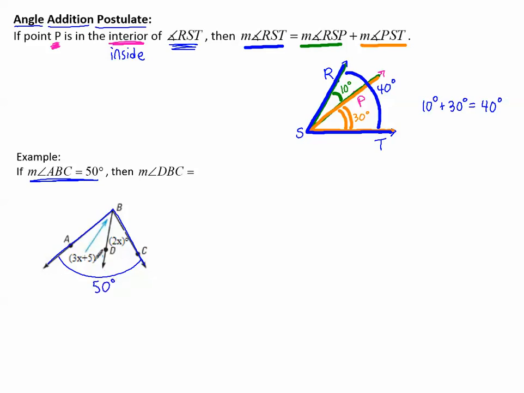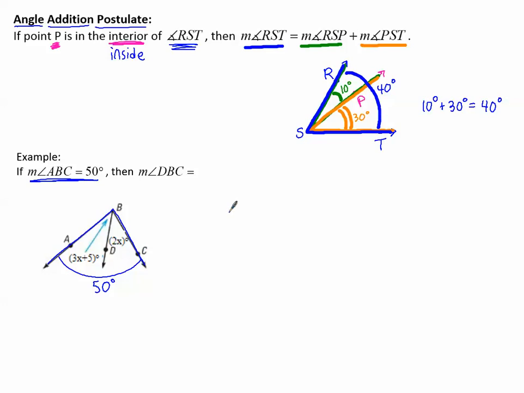They gave me expressions for the angle ABD and the angle DBC. Those two angles are adjacent to each other. They share side BD. Therefore, I can add them together to make this large angle 50 degrees.